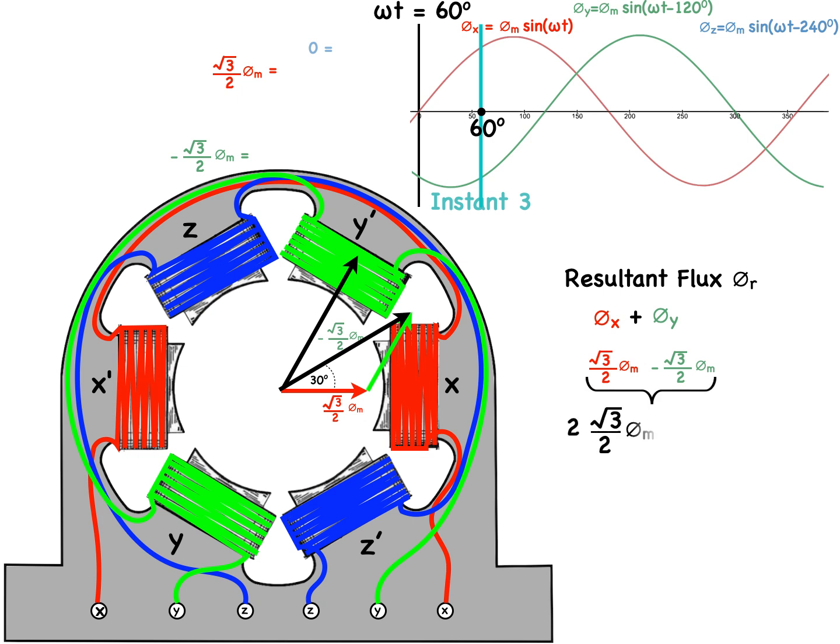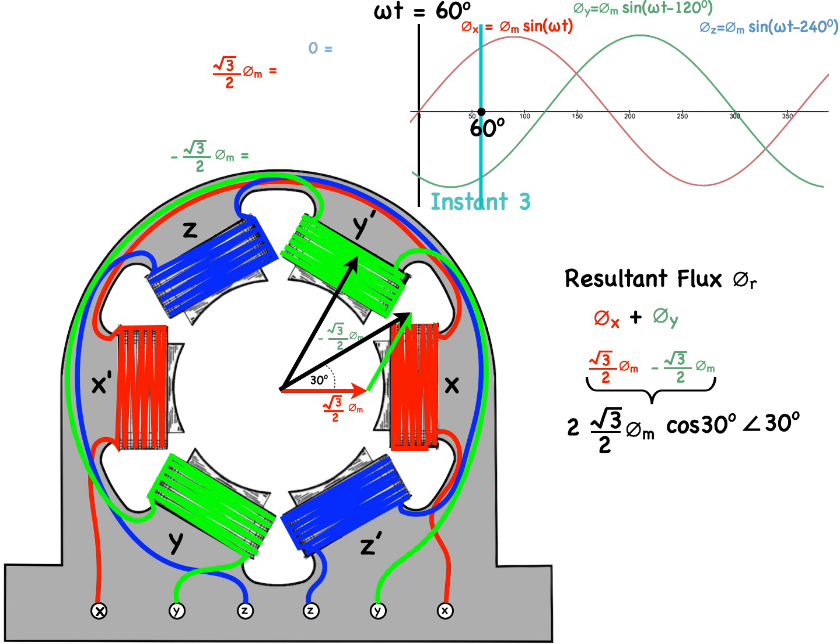Doing the analysis of a 30, 60, 90 triangle, what we come up with in regards to the magnitude when adding those two phasors together is 2 times root 3 all over 2 phi m times cosine 30 degrees. And we know the cosine of 30 degrees is root 3 all over 2.